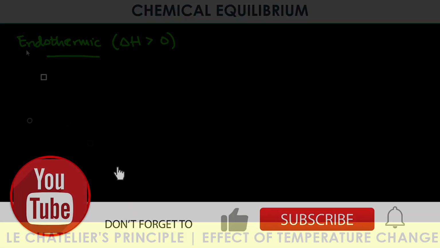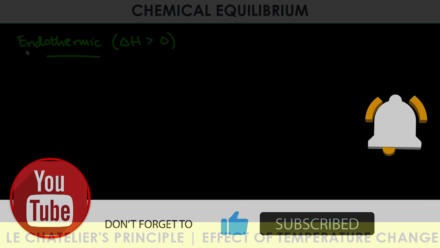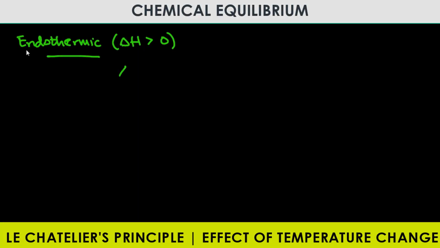But in an exothermic reaction, heat is part of the product. So, for a hypothetical reaction, we'll have A plus B plus heat, giving us what? C.